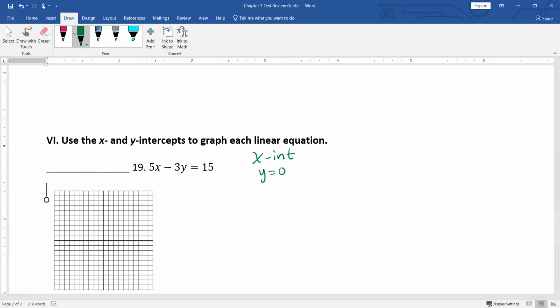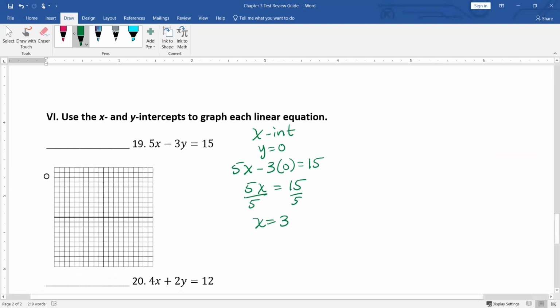So we can make y 0 and then just solve for x. So 5 times x minus 3 times 0, obviously it just negates it. So this becomes 5x equals 15, and you divide both sides by 5, and x equals 3. So that means the coordinate of the x-intercept is 3, 0.